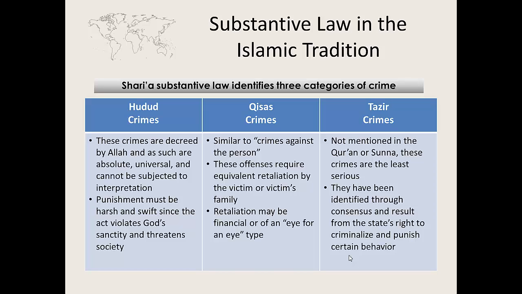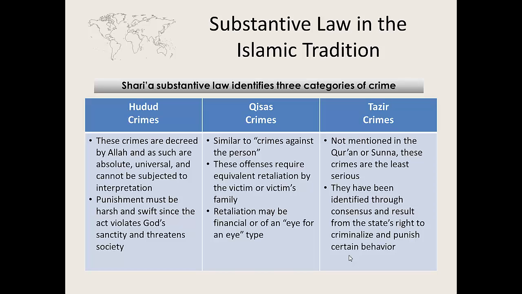And this is explained more fully in the textbook, but generally speaking, the hudud crimes are those that are decreed by Allah as being criminal. And because they are crimes that God has identified as being offenses, they are seen as being absolute, can't be subjected to interpretation.